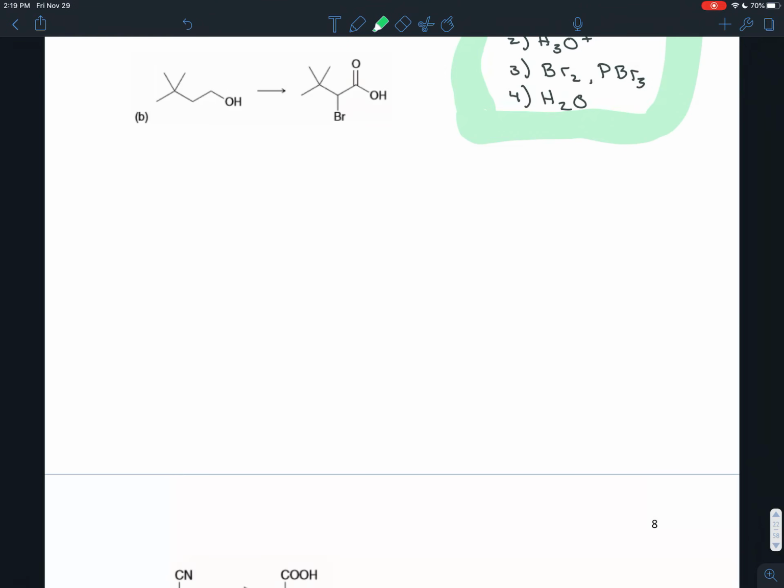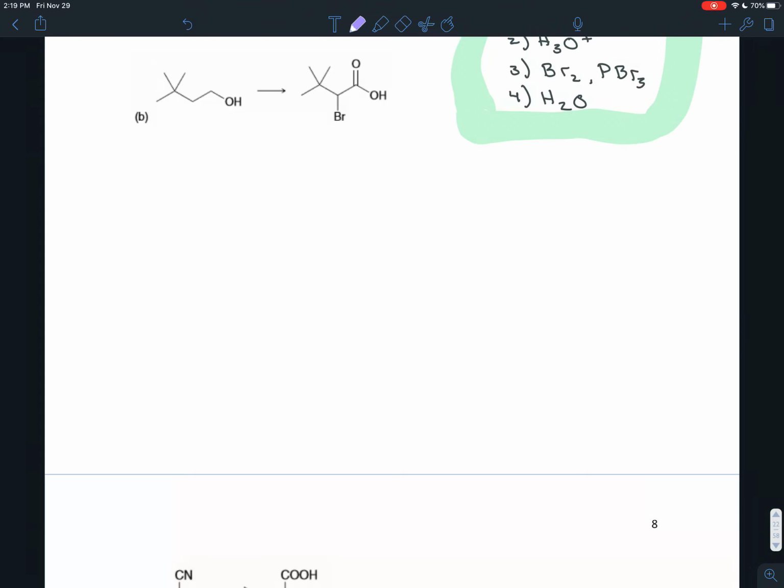So if you look at B, again, there are a couple ways you can analyze this. Let's first think about it in a retrosynthetic way. Starting with the products, what do we notice? And we work our way back. So what you'll notice is you have a carboxylic acid with a bromine on the alpha position.